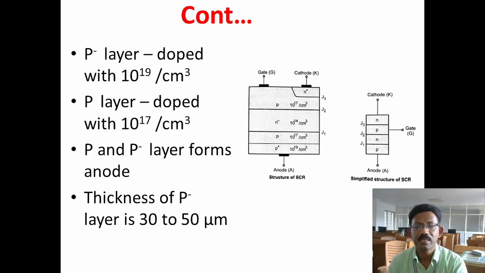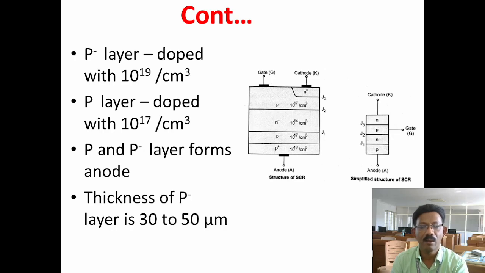This P layer is heavily doped with a concentration of 10 power 19 per centimeter cube. So the first one is not P minus layer, that is P plus layer. P plus layer is a heavily doped layer. Then P layer is moderately doped, whose doping concentration is 10 power 17 per centimeter cube.